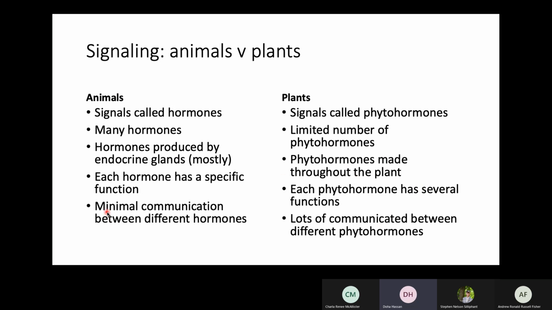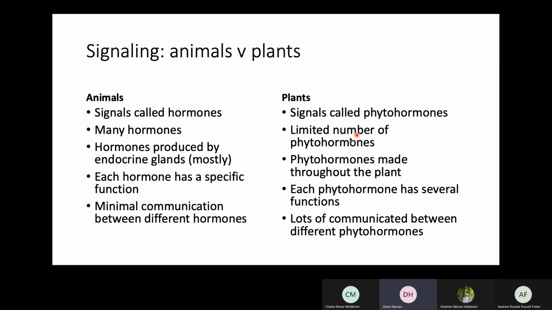And the last comparison point is that for animals, our hormones communicate very minimally between each other. Because there are lots of different kinds and each one has a specific task, they don't really need to collaborate that much because each one already knows what it's going to do. It can only do one thing or a couple of things. So there's not really a need to communicate with other hormones.